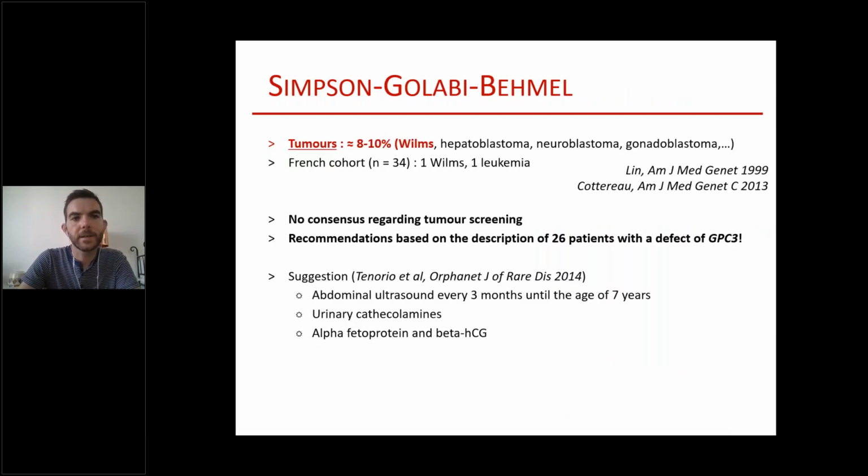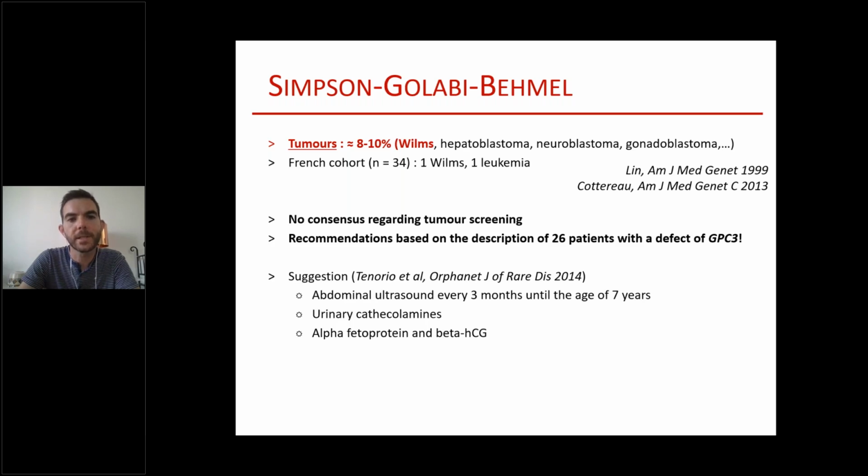The tumor risk of Simpson-Golabi-Behmel is about 8 to 10%, with tumors that overlap with the tumors described in Beckwith-Wiedemann. In the French cohort that we described a few years ago, we described only 2 tumors in 34 patients.